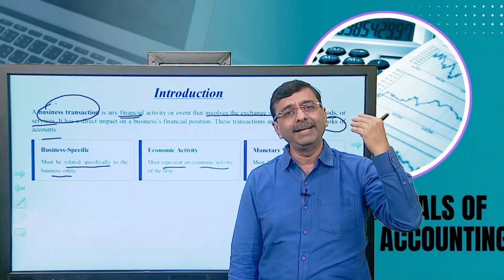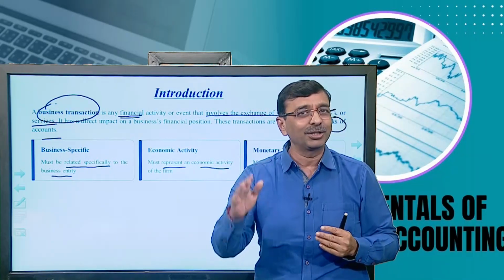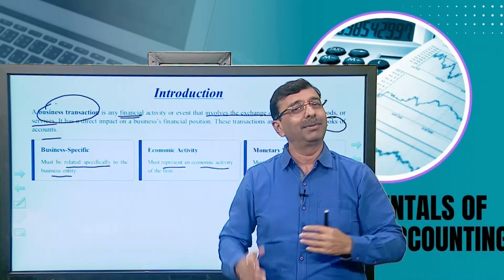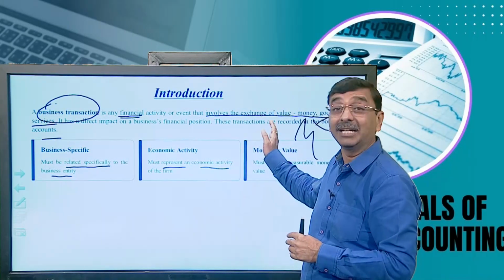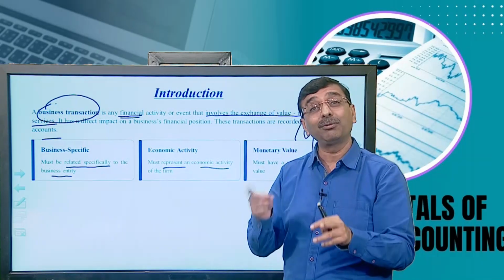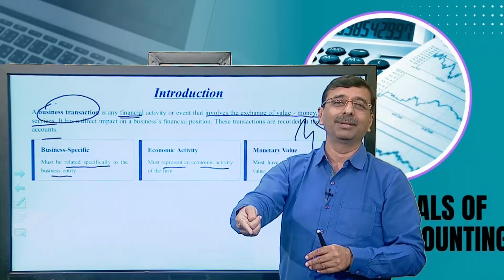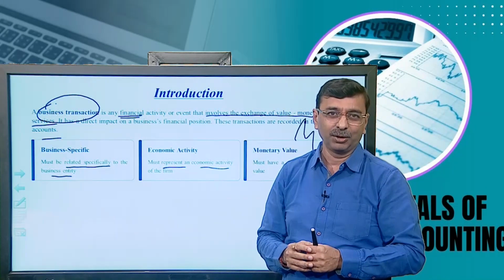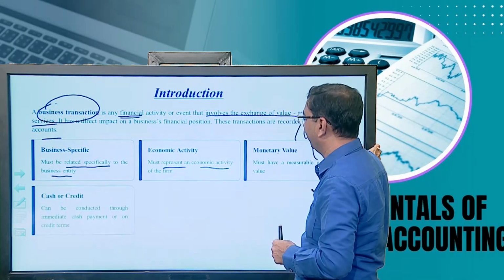It is considered an event, but it is not a transaction. I thought, but I did not invest. So that means it's not an economic transaction. It may be converted into a monetary value, but not now. When I invest 50,000 rupees in the business, it can be converted into a monetary value. So this is the way to understand the business activity.